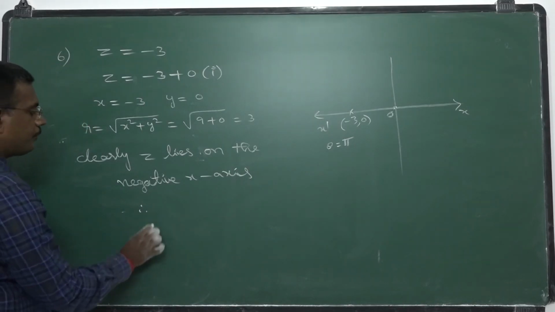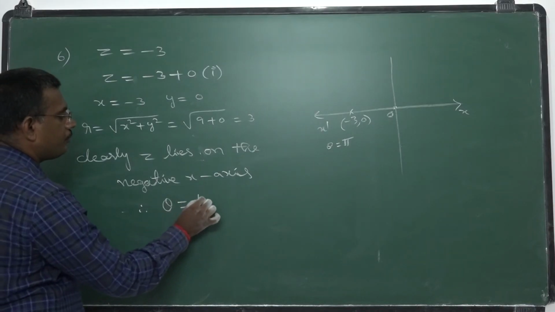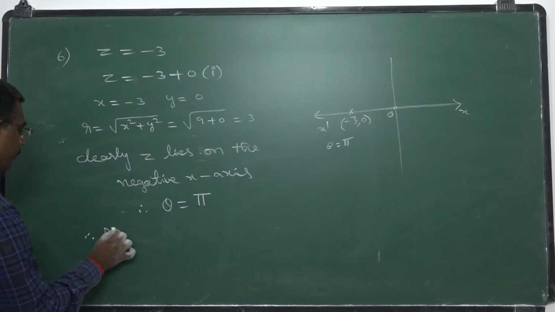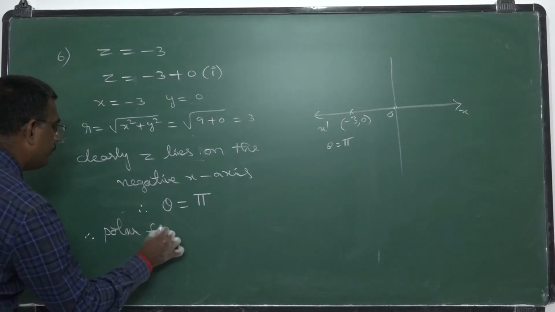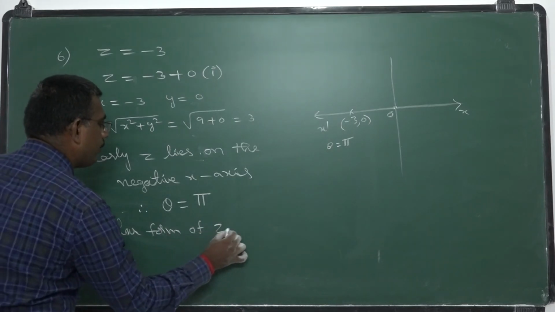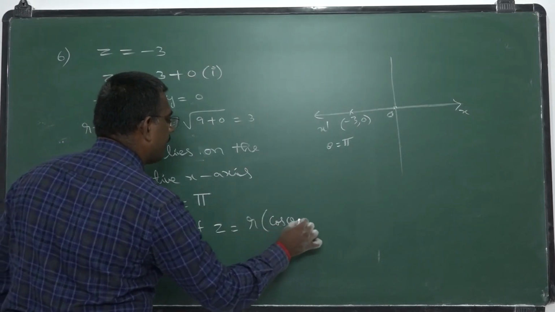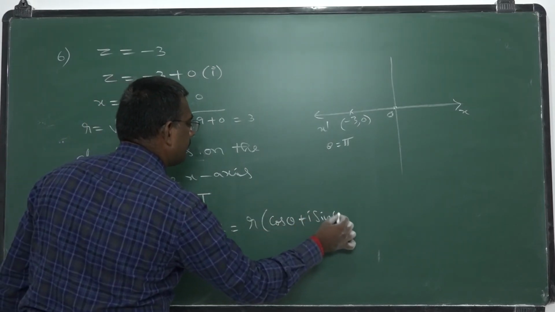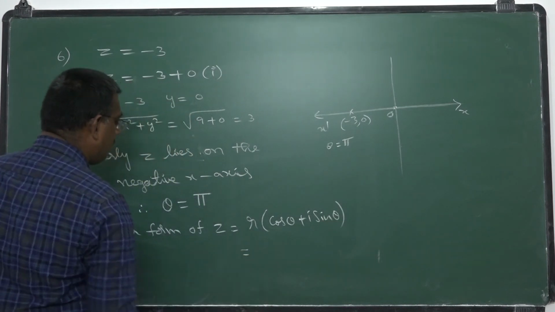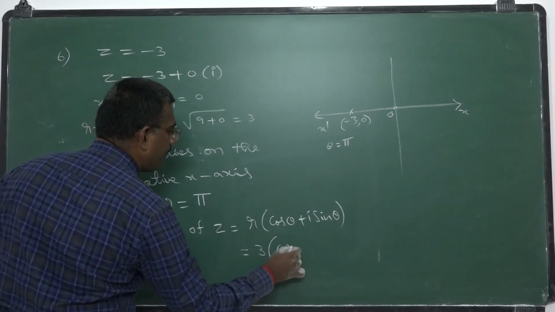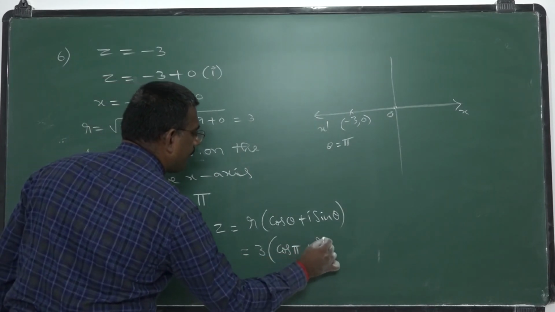Therefore principal argument theta will be equal to pi. Therefore polar form of z is equal to r of cos theta plus i sin theta. That is equal to r value is 3 of cos pi plus i sin pi.